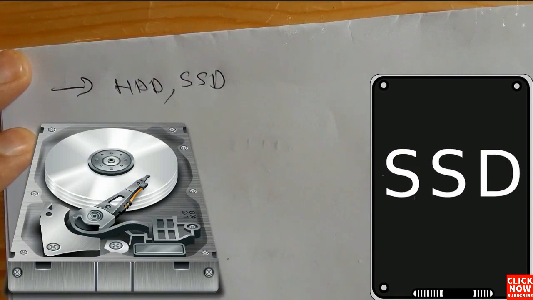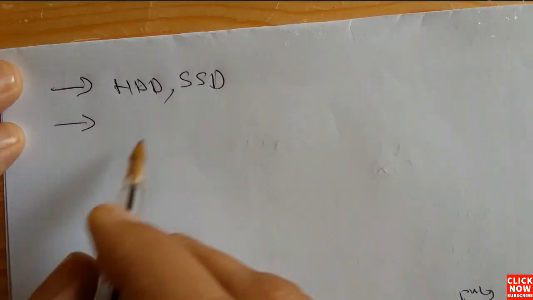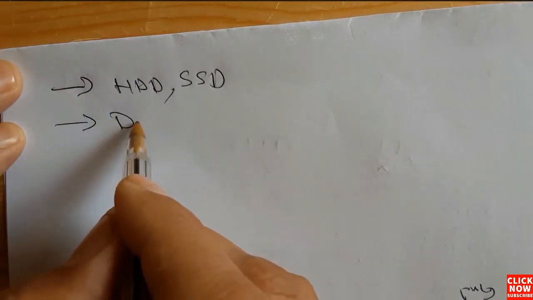HDD means the hard disk drive and SSD means the solid state drive. Basically SSD is an improved disk drive. So, okay, for the HDD, if it is not connected correctly to the motherboard, it can cause a problem.